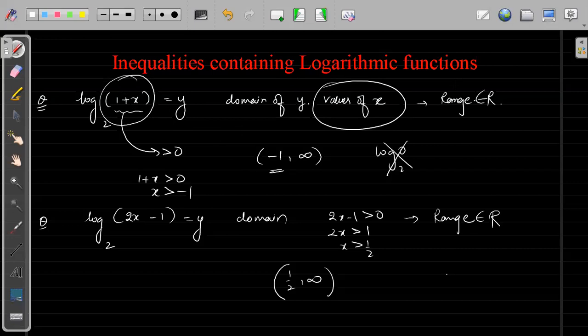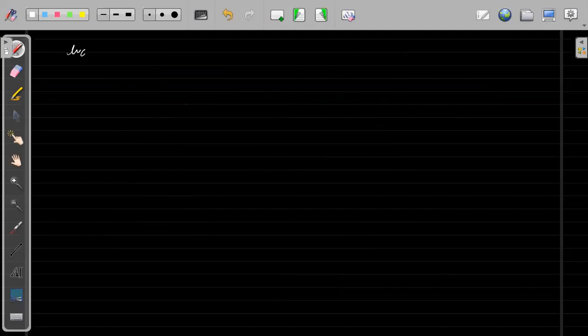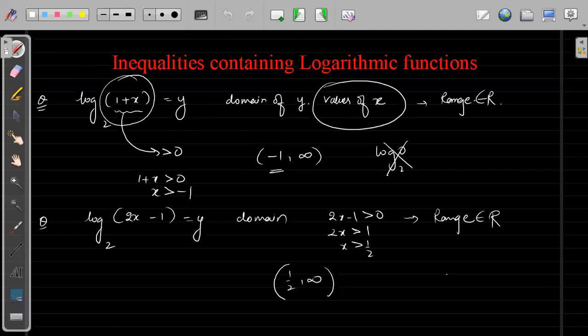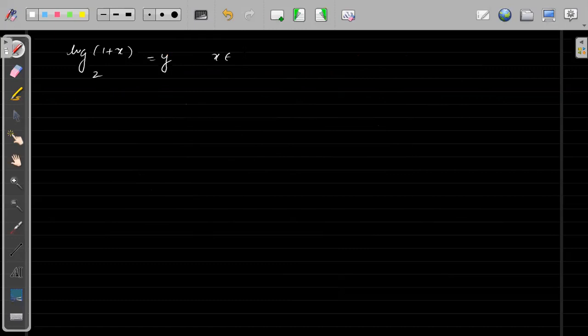Sir, how will y take negative values? Okay, see: log of 1 plus x base 2 is equal to y. So x is taking values from minus 1 to infinity, x is taking values from minus 1 to infinity.